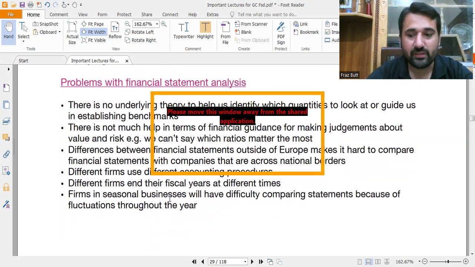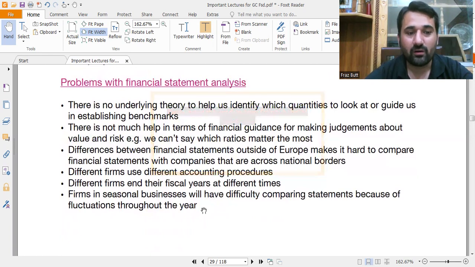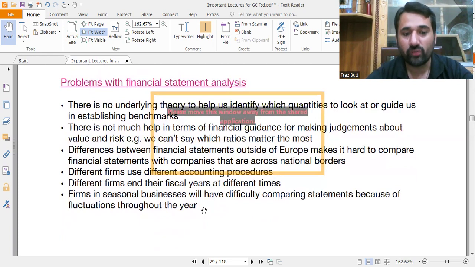Then firms in seasonal business will have difficulty comparing statements because of fluctuations throughout the year. Some firms are involved in seasonal business. For example, in the winter season, the demand for warm clothes goes higher, and in the summer season, the demand for, you can say, silk, or thin clothes goes higher.